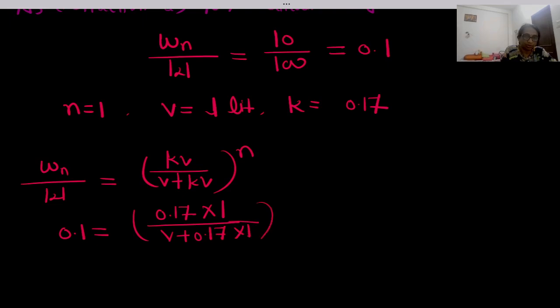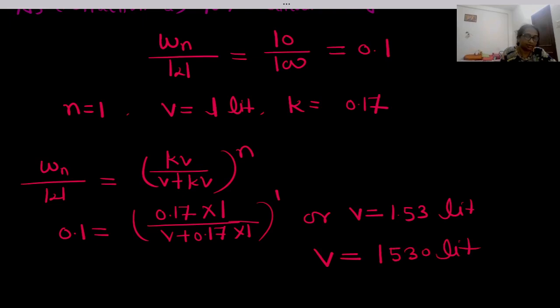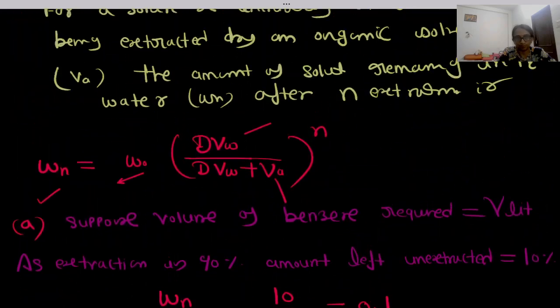This volume we have to calculate, and the value of n is equal to 1. Or we can write here V is equal to 1.53 liter, or in milliliters, you can calculate this.